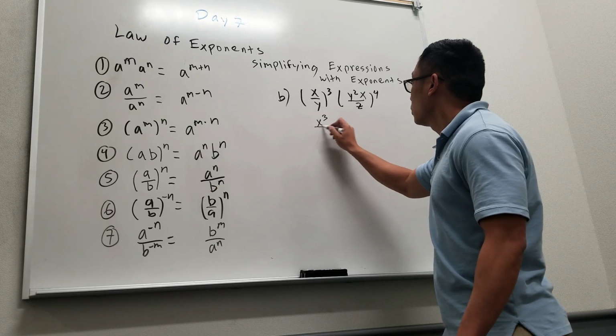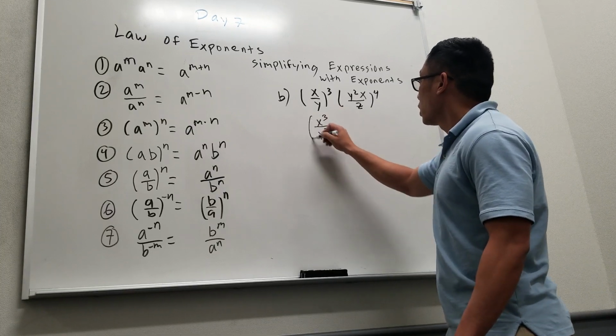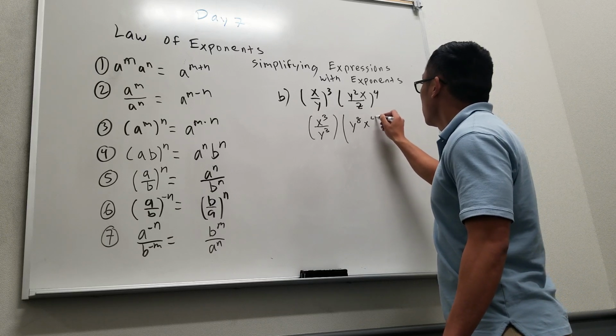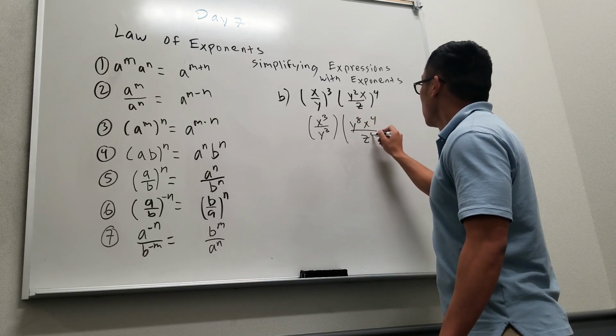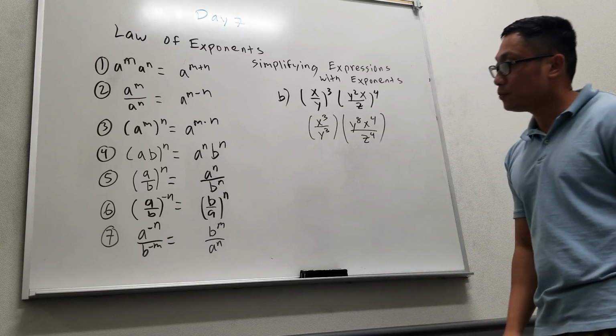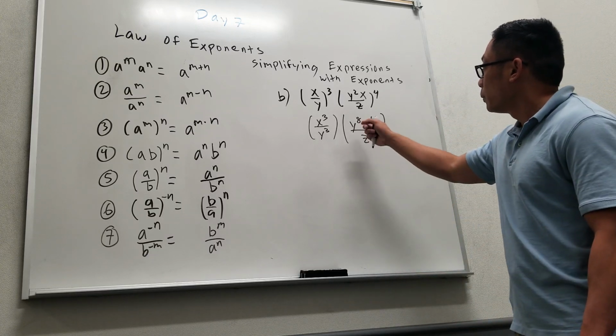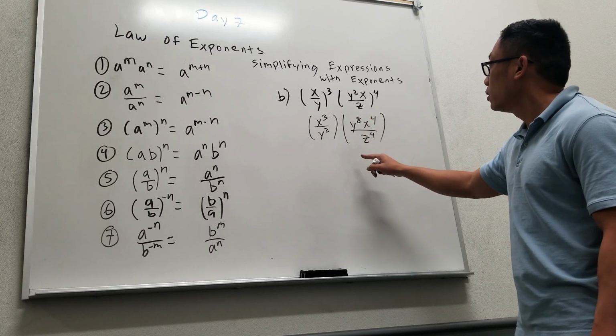So this is x cubed, y cubed. I can put a parenthesis here. This is y to the 8, x to the 4, c to the 4. Hopefully this makes sense. And I'm going to break it down even more.